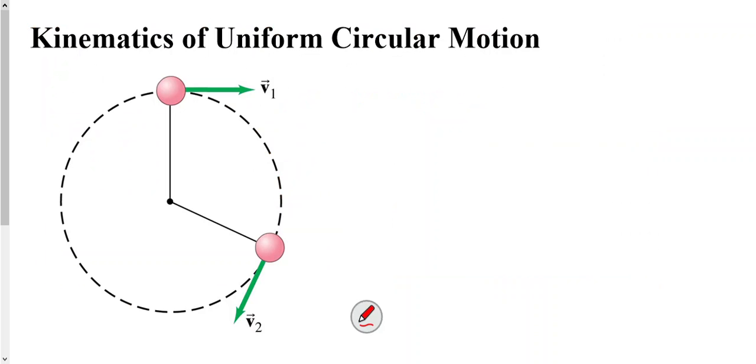So let's say, for example, the object moved initially at this point, and then for some time it moves in a circular path to this point. So we could say that its direction has changed. If the direction changes, therefore there's a change in velocity. We could use that as the initial.